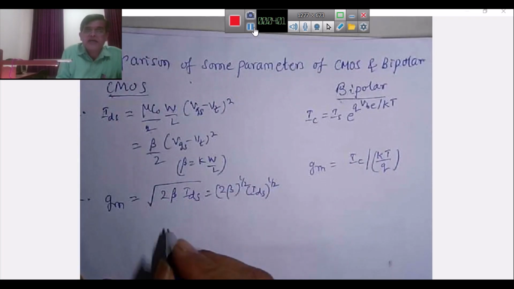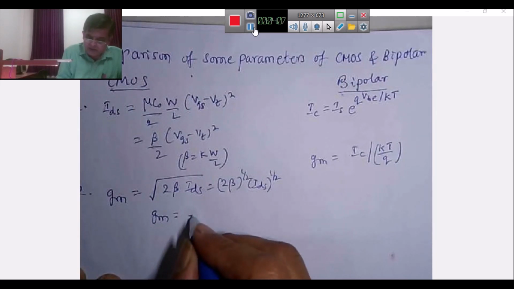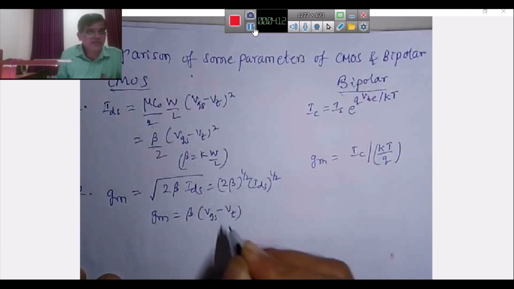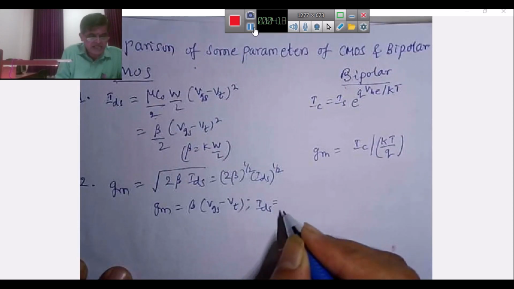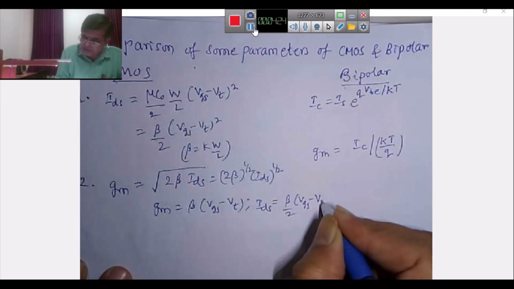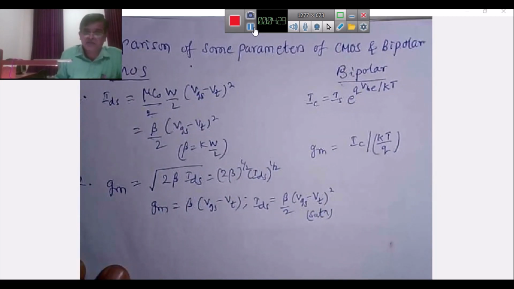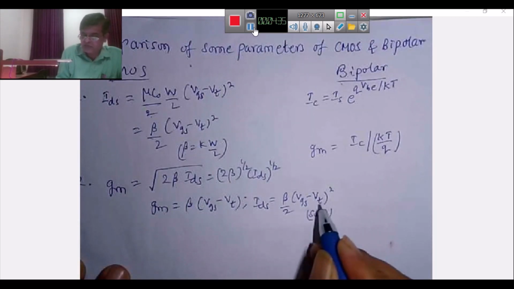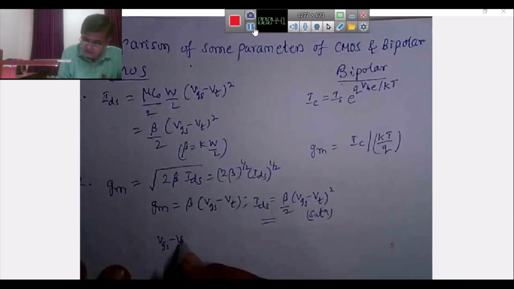For MOSFET, GM is given by beta into bracket VGS minus VT. Already we have derived this equation, correct? And similarly IDS is equal to beta by 2 into VGS minus VT whole square, that is in saturation in case of MOSFET. Now taking these two equations, what is VGS minus VT?